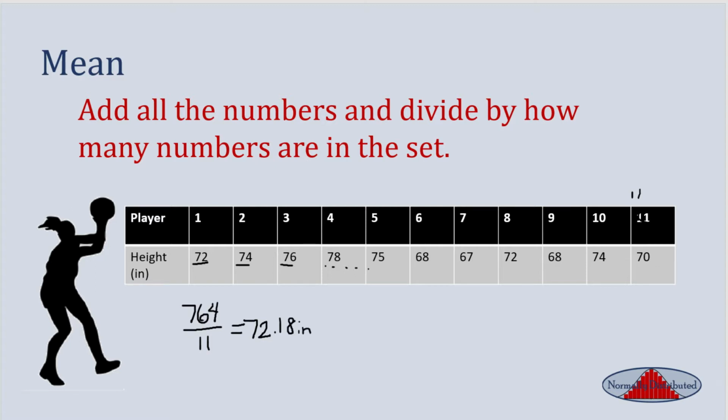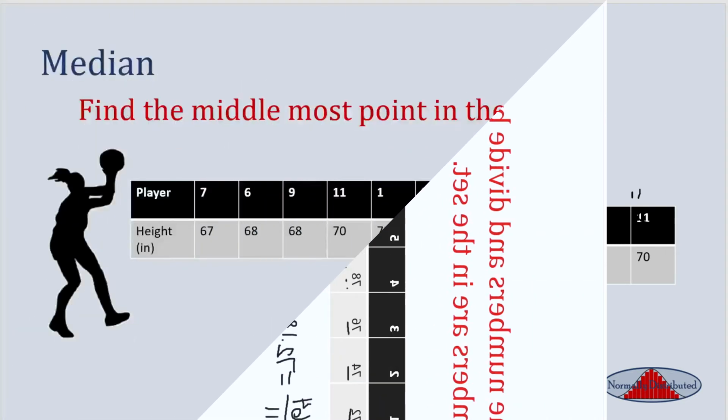So this means that the average player on the Minnesota Lynx is 72.18 inches tall, which is about 6 feet point 1 8 tall. And so when we're using this information, we can compare two teams. We can compare the Minnesota Lynx to the Phoenix Mercury to find out which team on average is taller. And that is what this measure of central tendency or average gives us.